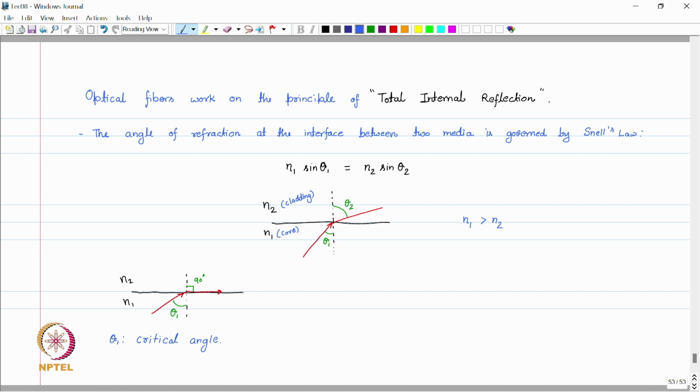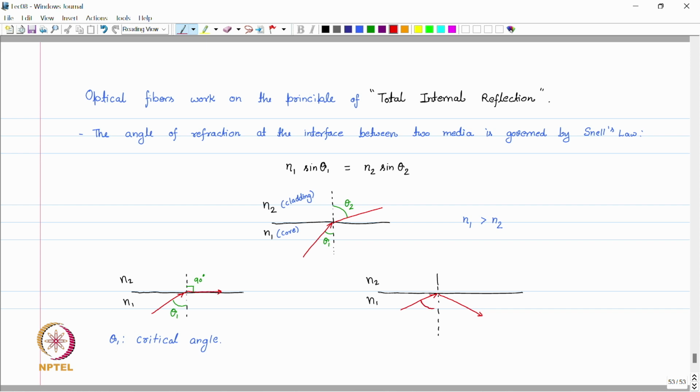So, we can plot that third case, where this is n 1, this is n 2, and now the incident angle is more than theta 1. In this case, the wave actually comes back into the core itself.